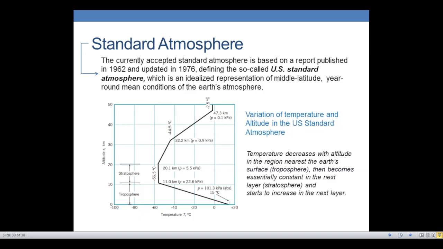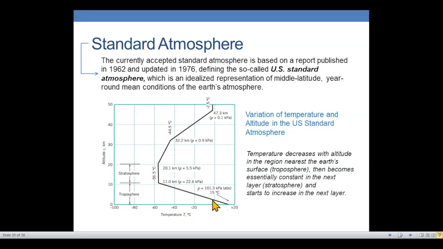So the temperature decreases with altitude in the region nearest to the Earth's surface, or the troposphere. Then it becomes essentially constant in the next layer, the stratosphere, as I mentioned a while ago, and starts to increase in the next layer. So from the surface of the Earth, the temperature is decreasing.